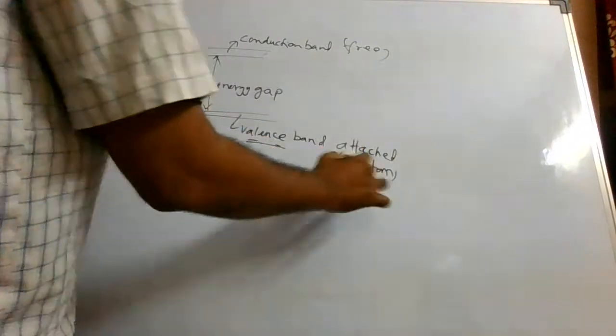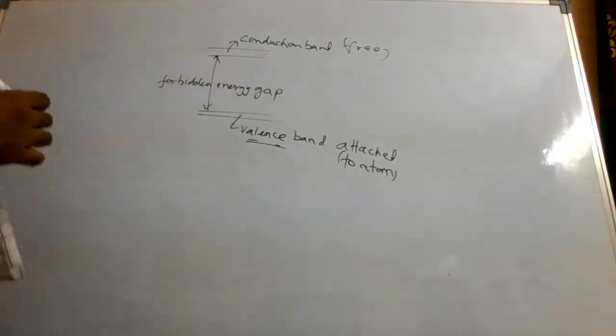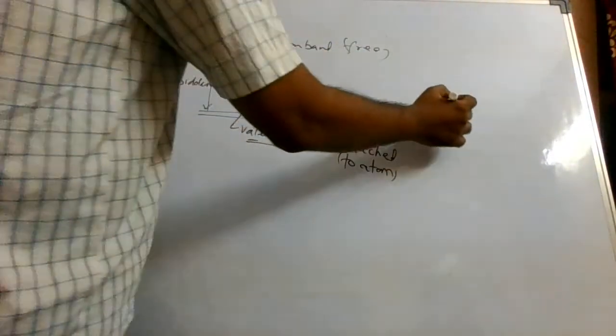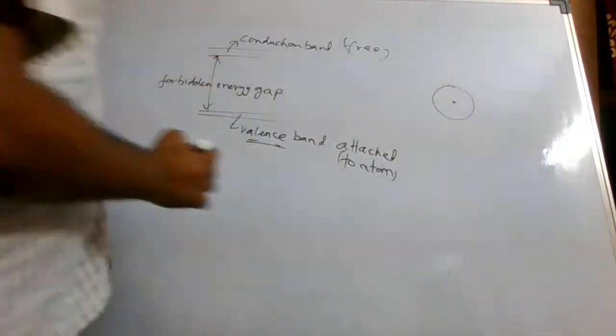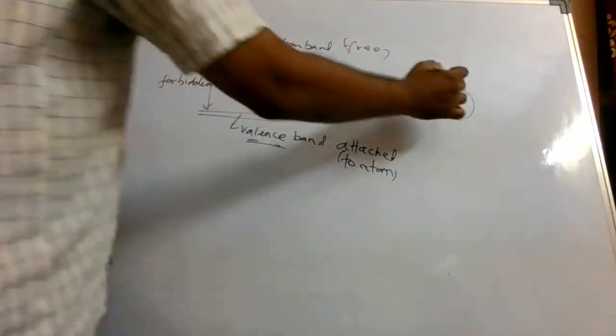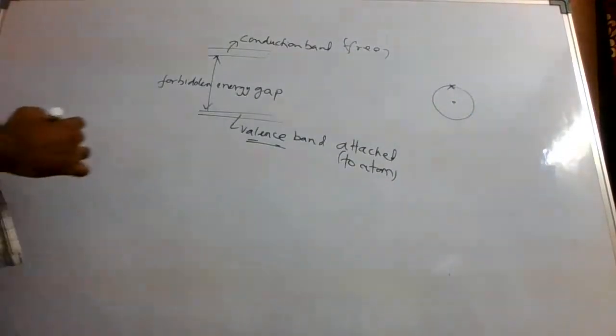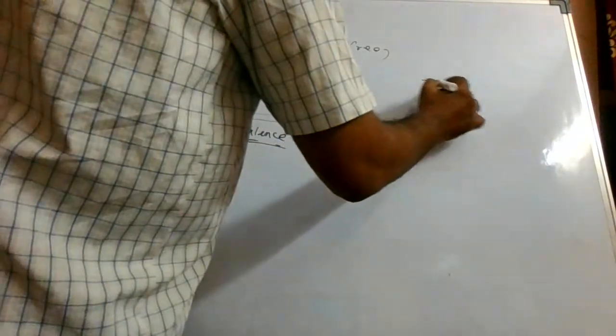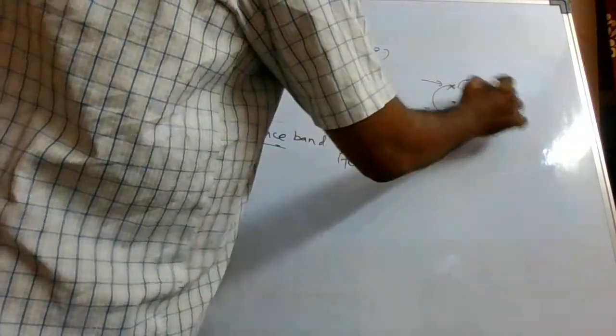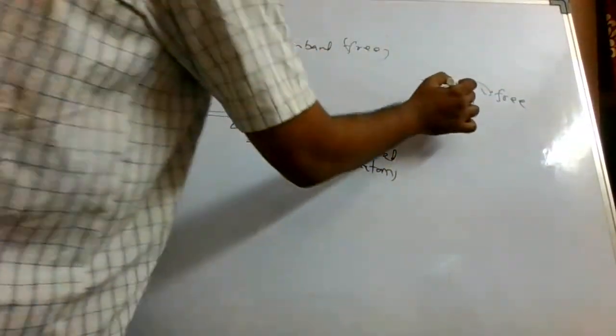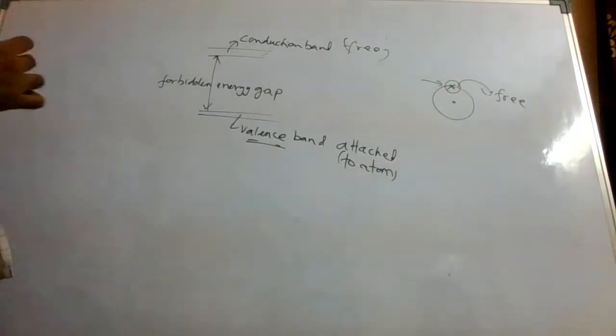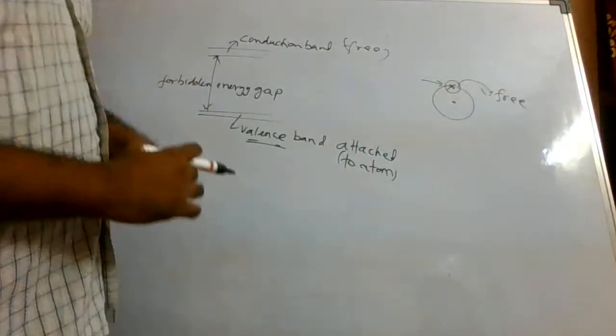Now what happens? This is the system here. This is the nucleus, and let us say there is an electron. So this electron is moved from this place and it comes out. It becomes a free electron, let us say. So what will happen to this spot? Will any proton come over there and occupy that?